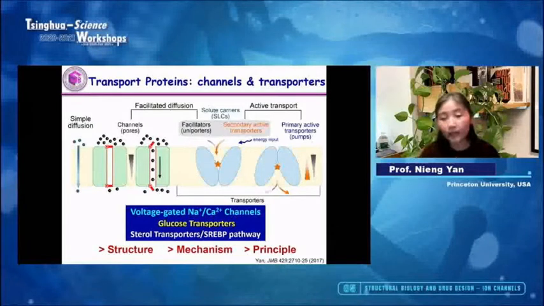By selecting physiologically and pathophysiologically important transport proteins, including both channels and transporters, we try to reveal their structure, their architecture, to understand their mechanism. And by working with different families of channels and transporters, we wish to elucidate the physical and chemical principles of membrane transport, this essential process.